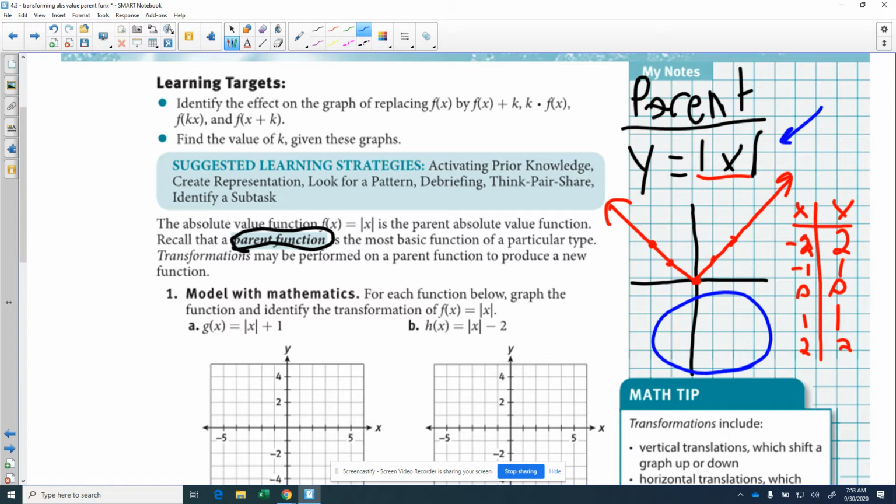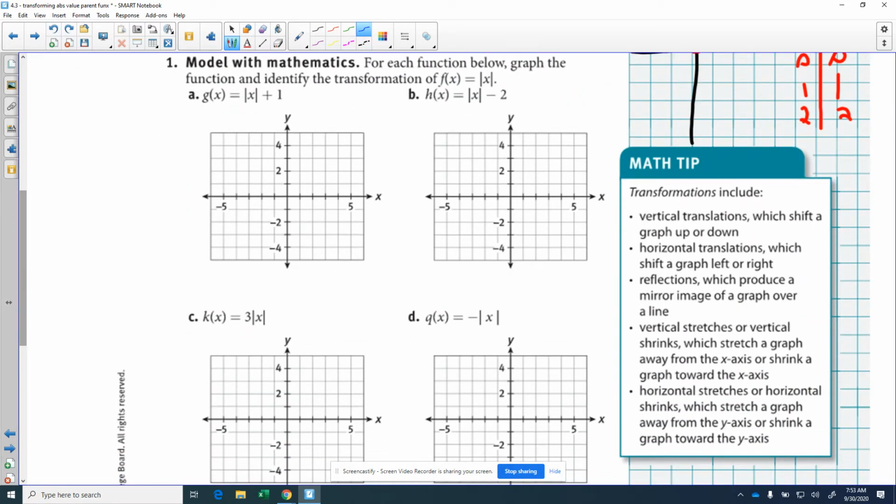When we do transformations, every single function is going to start off with that particular parent function. Then we're going to start building off it and see how things adjust. Down here we have 4 different problems. For each one of these, the Springboard book actually wants you to plug it into the calculator. However, with me being right here, I don't really see a point to do that.